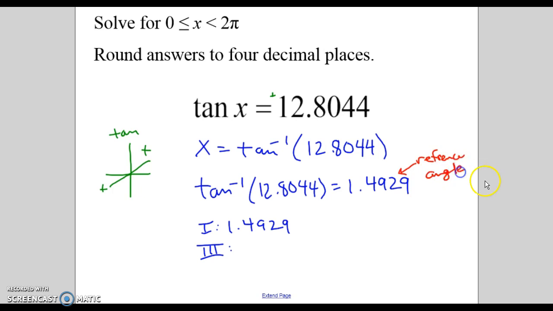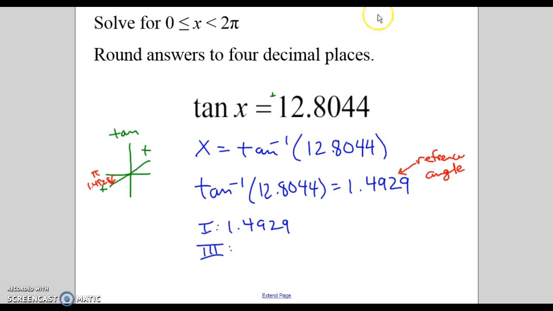And what you do is you take that reference angle and you put it in the other quadrant that you want. And again, reference angles, if you remember, are always made with the x-axis, never the y-axis. So I go from the x-axis down into quadrant 3. I have to know that that point right there is at pi, and then I'm moving this far from pi.